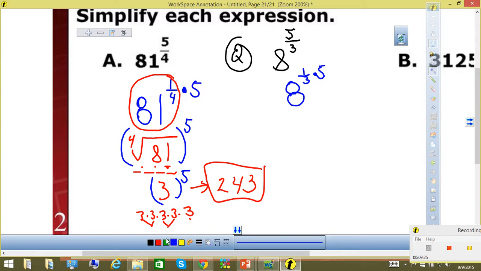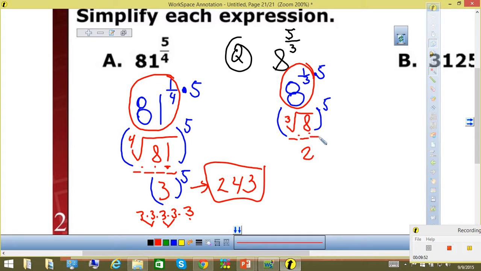Okay, pass it to someone. Chris, what do I do from there? Cube root of 8. Parentheses to the 5th. Pass it to someone. Sergio, cube root of 8 is? 2.